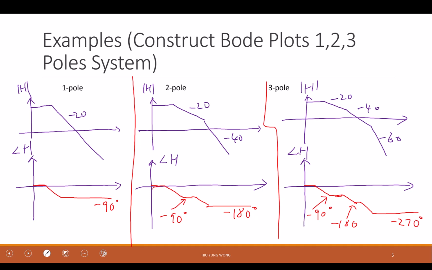This is a plot I want to remind you again that if you have one pole, your maximum phase shift is 90 degrees, right? If you have two poles, you can go to negative 180. You have three, then you have negative 270, right?